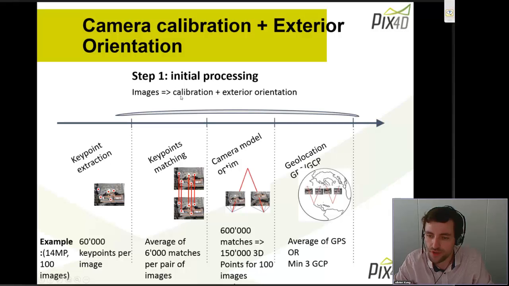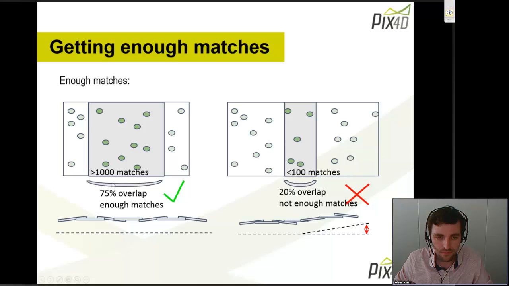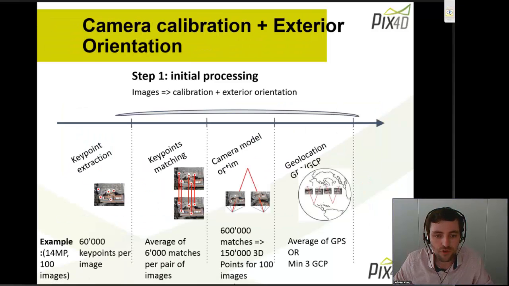Let's go a bit closer into what we mean by camera calibration, what happens during the first step of Pix4D Mapper. The very basic step which is going to happen is key point extraction. As I said earlier, the software is going to try to find automatically some interesting areas in the image.